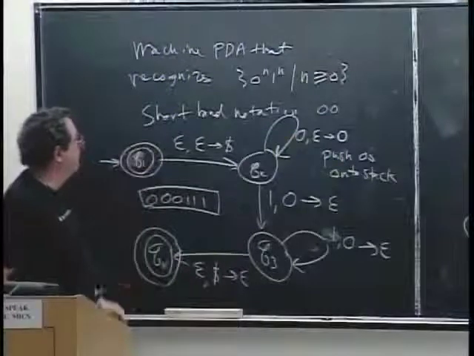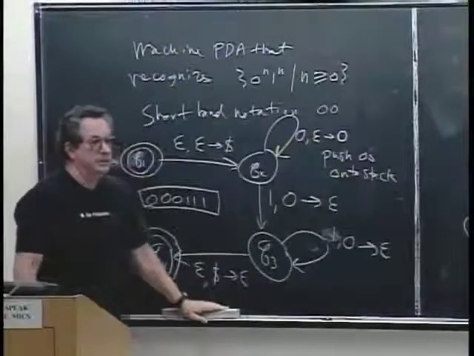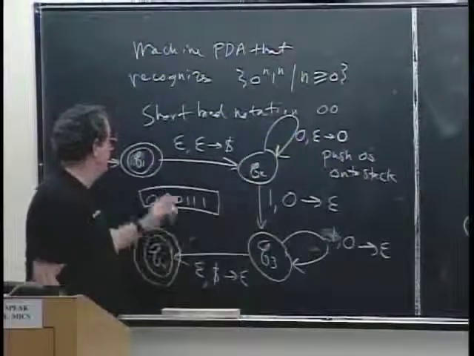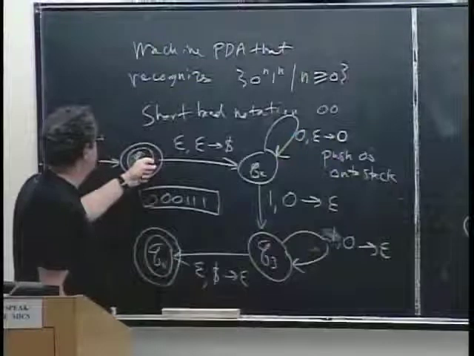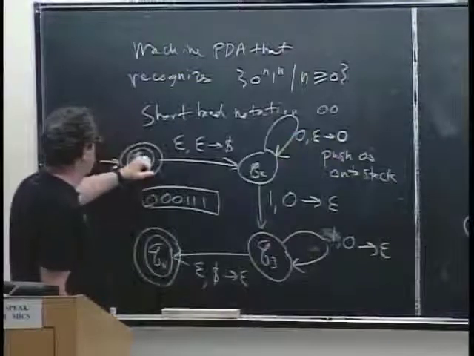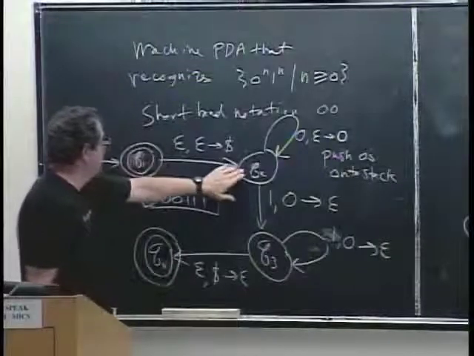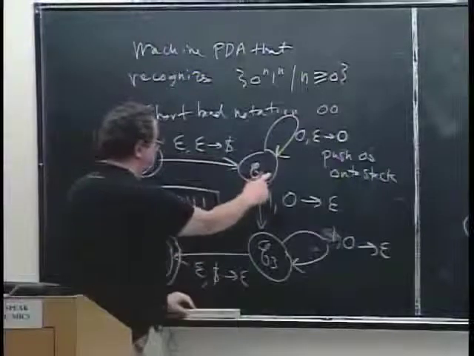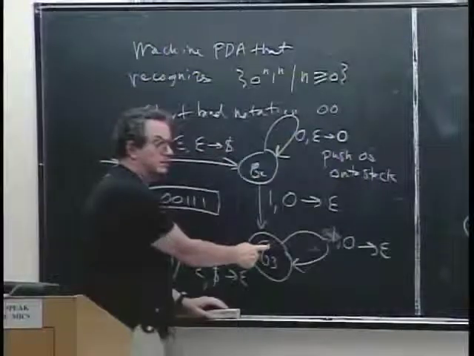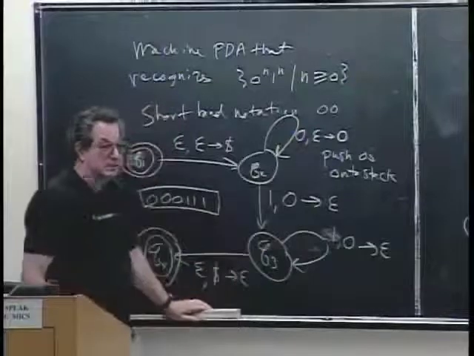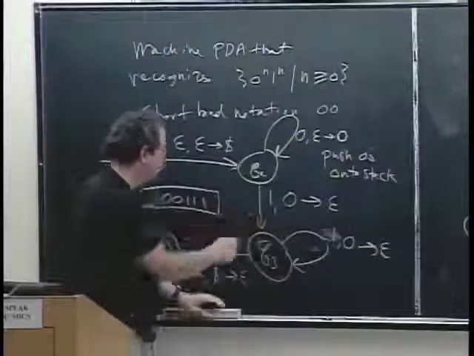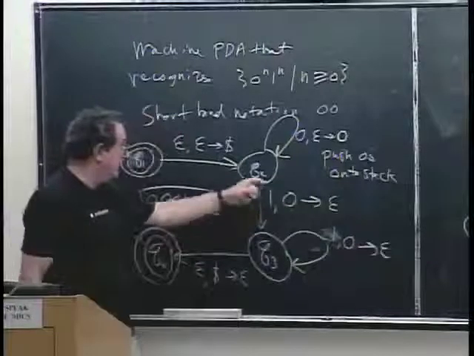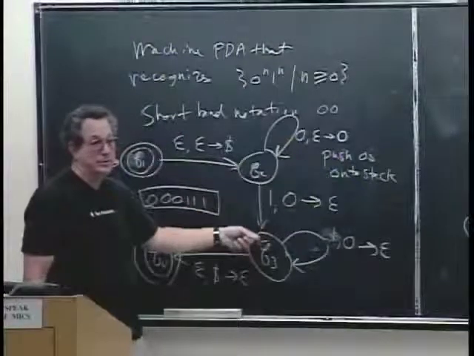So it does the right thing, it accepts. Okay, but suppose it had no zeros, but the first character is a 1. Oh, sorry, it will go this way, absolutely, because this is just an epsilon. It goes here, there's a 1, so it goes there. Oh, yes, right, sorry. Here it will not go there because it checks to see a 0 in the stack, and so it can't follow that transition rule.